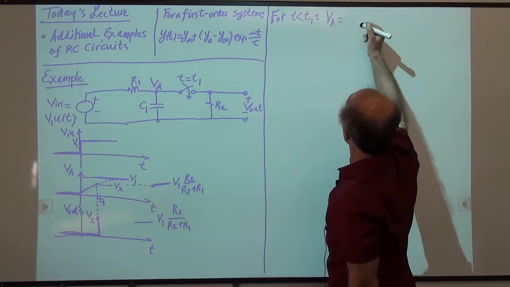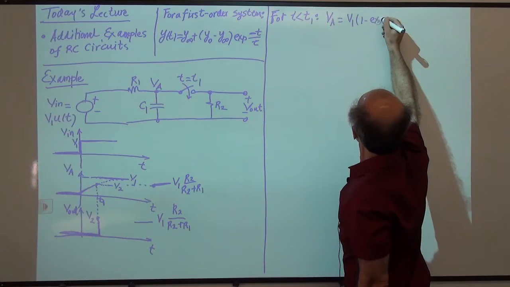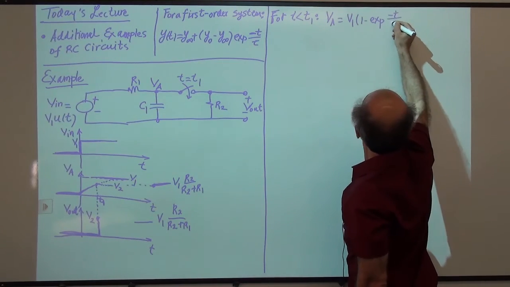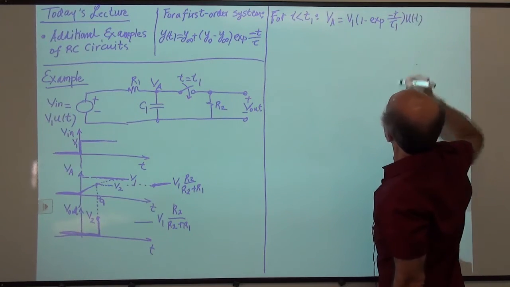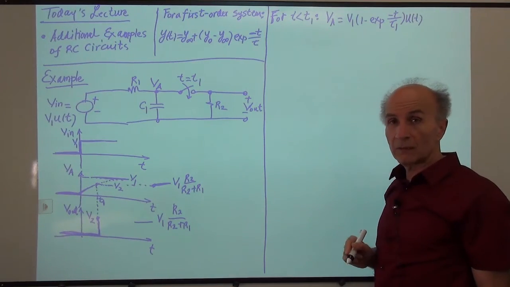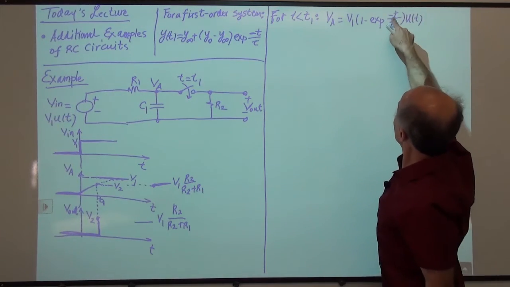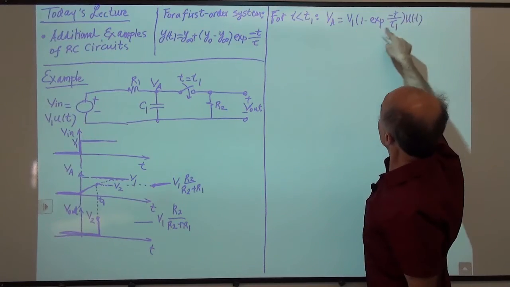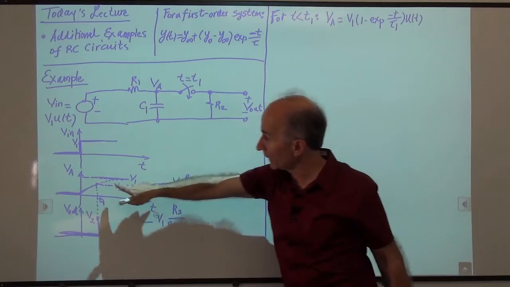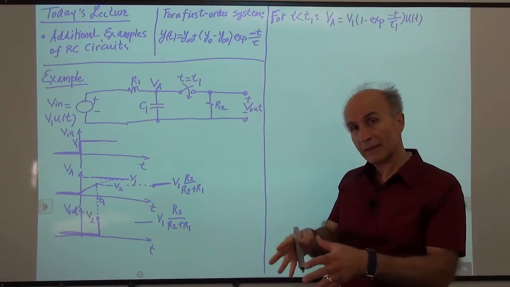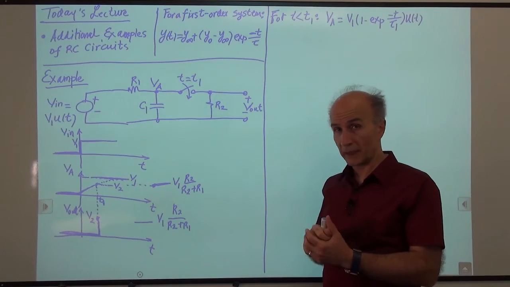So before the switch turns on, we can say this is equal to V1 times 1 minus e to the minus t over tau 1. And if you want to put the u of t, that's okay too. So that is the voltage across the capacitor as we've seen in the past, right? You can see that at time 0, this is 1, this is 1, this is 0. At time infinity, this is 0 so it is equal to V1, and that's what we would expect to approach. So that's the voltage across the capacitor, VA, before the switch conducts.